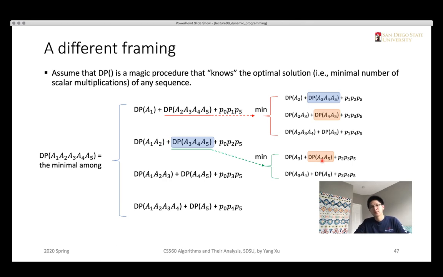The same subproblems get repeatedly solved again and again. That is a bad thing if we want to implement a recursive algorithm based on the optimal substructure.